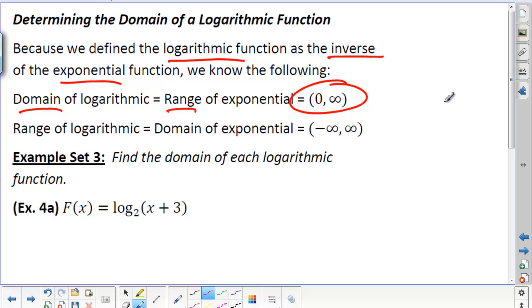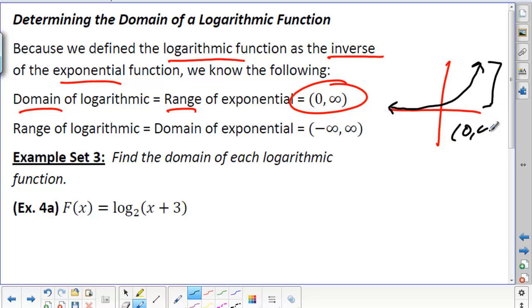Right, the standard range of our exponential function. This thing typically looks like this, right? And so the range here, the y values that we're covering, goes from 0 to infinity. Think of that as your lower boundary and your upper boundary on your y values.